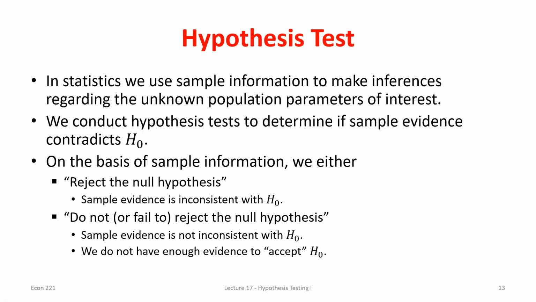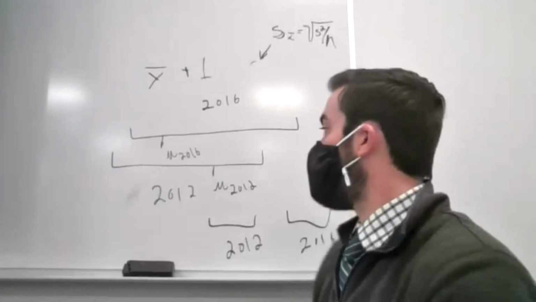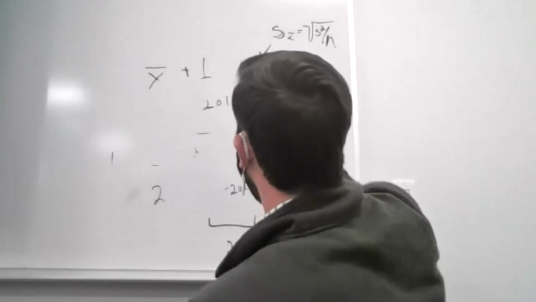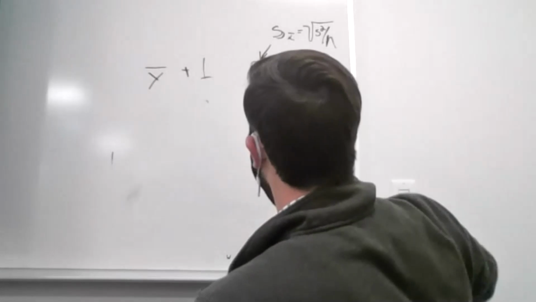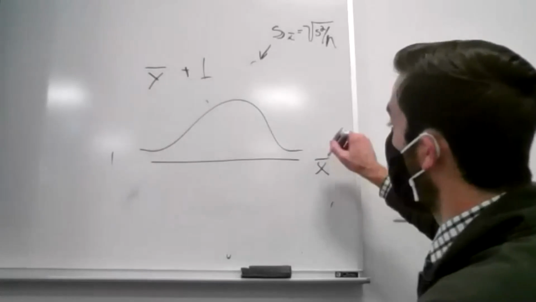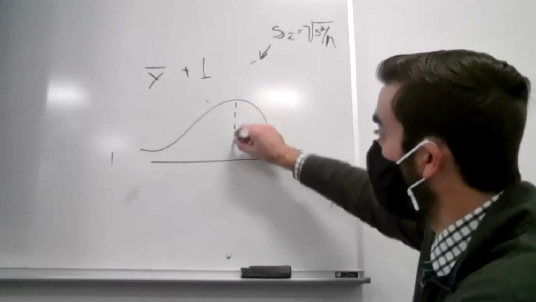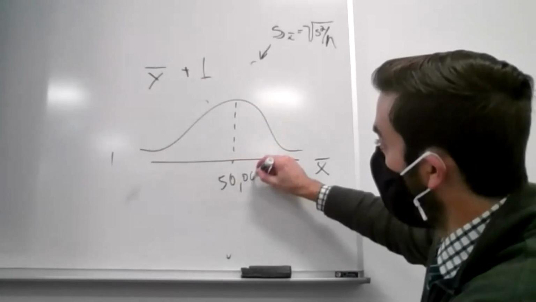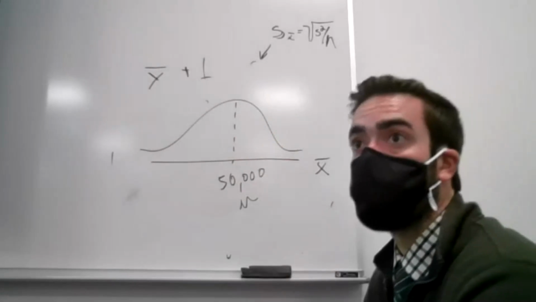If I go out and take a sample and I see that it's 45,000, well, if what I was assuming is true, that the true mean for income is 50,000, one thing I know about the distribution of my sample means is that it would be centered right around whatever the population mean is.